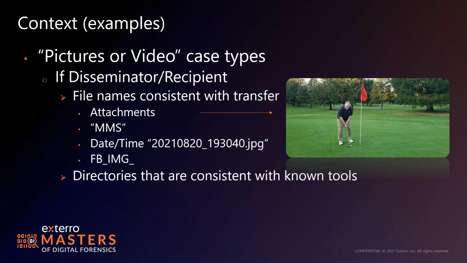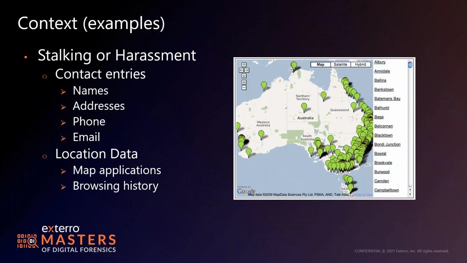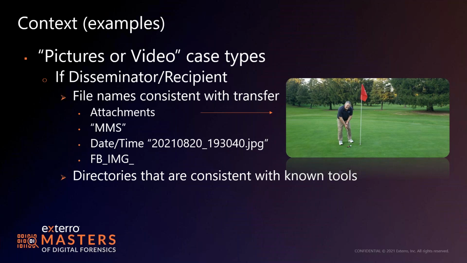And then again, directories are consistent with known tools, right? For transfers, I had a screen cap coming up. It doesn't look like it's here at the moment, but if you're dealing with any of the download links from peer-to-peer, they all have an app, they all have a folder, received files, Shareaza, any of those will very much have some sort of directory structure.